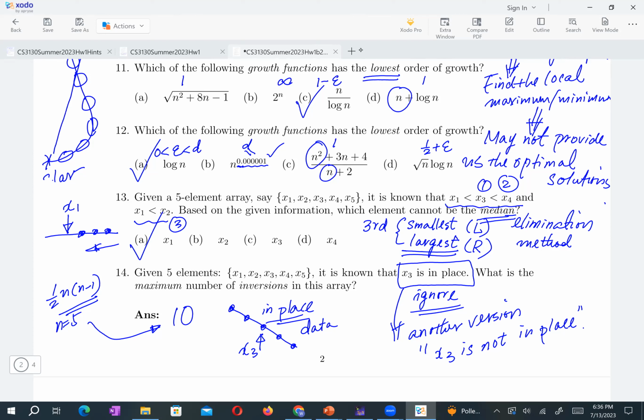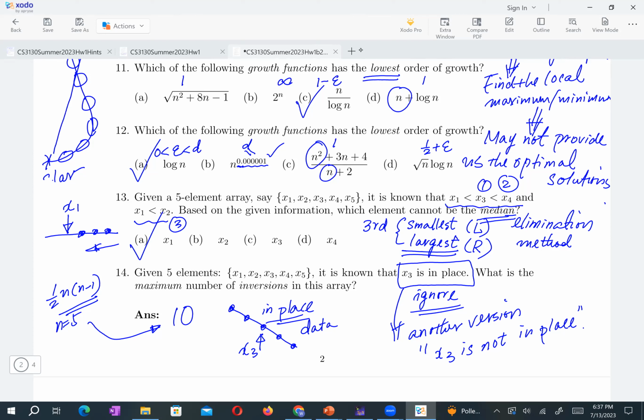This time you need to move X3. Think in another way. 10 cannot be the correct answer. What's the next best thing to get? 9.